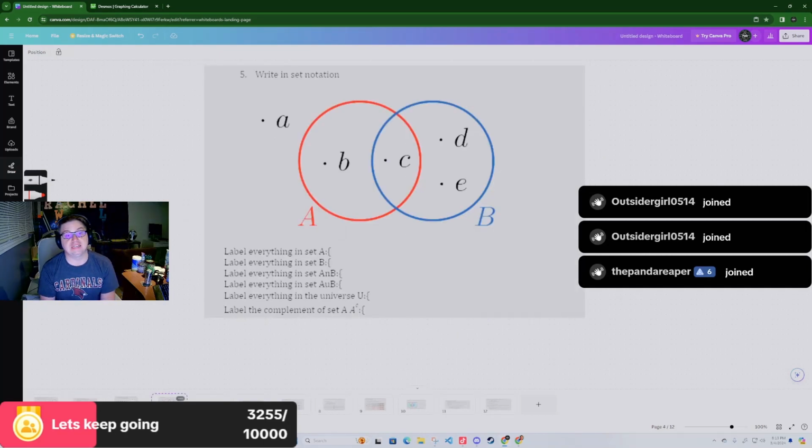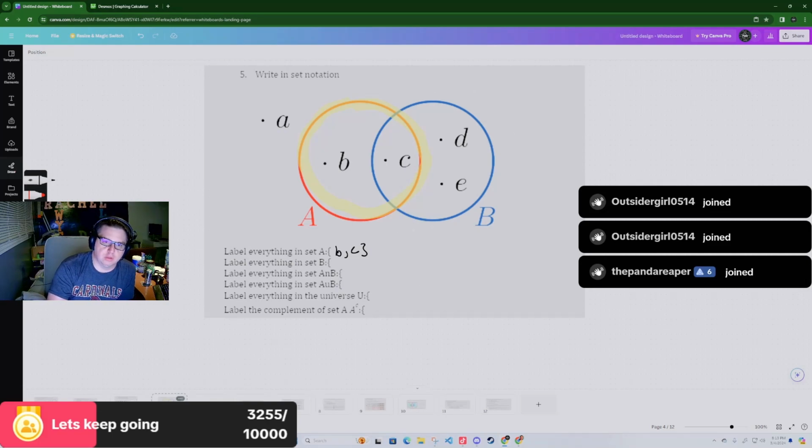Next one, set notation. So now we're putting these things in sets. If I label everything in set A, so I'm looking at only set A, what is in this red circle? Well, that's going to be B and C, and we can close that up.